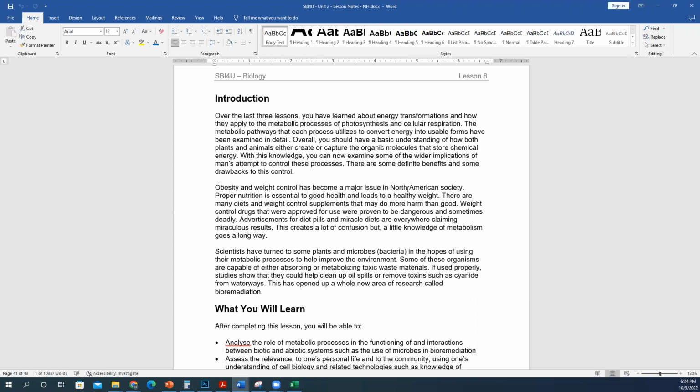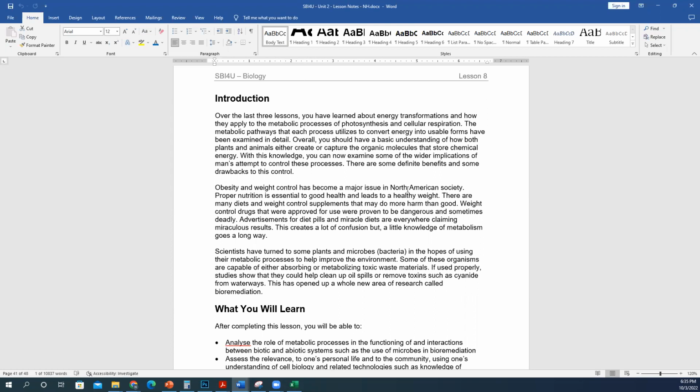And one of the hot topics is really obesity and weight control that has become such a major issue in North American society. And as we all know, proper nutrition is very important to our overall health. And this is very closely tied to maintaining a healthy weight.